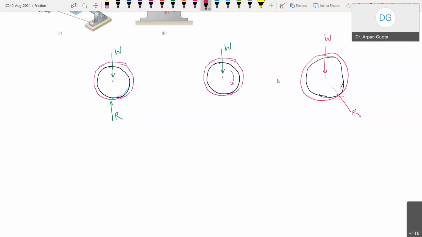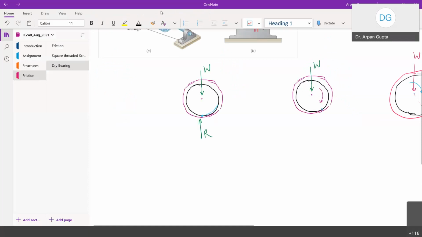If we balance moment about this point, let's say point A, then there is an unbalanced moment due to W, and therefore we have to apply an extra moment M to keep the system in balance. And this moment can be calculated.